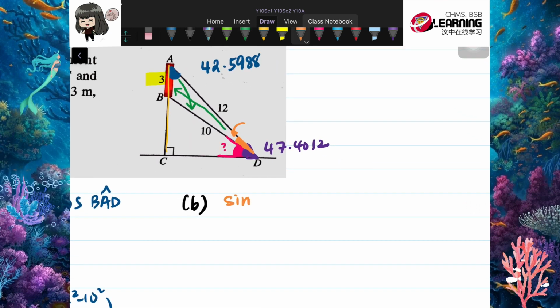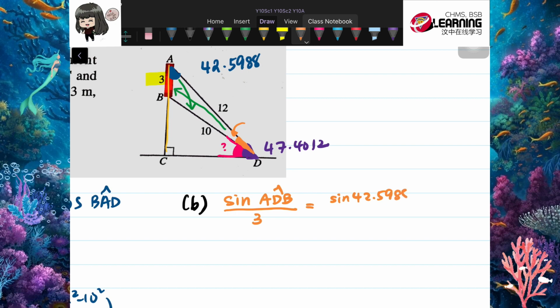So sine ADB, angle ADB over 3 is equals to sine 42.5988 over 10. Okay, we find the orange angle first before we find the pink one.